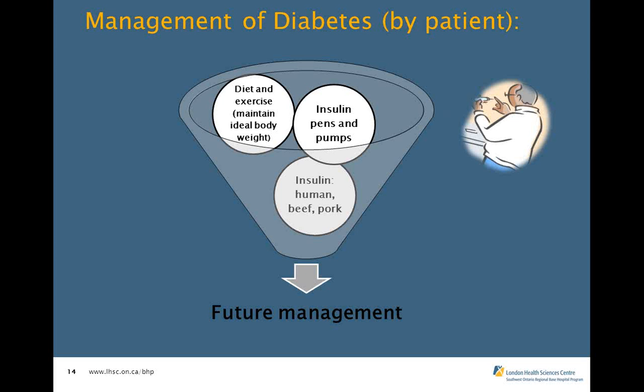Now, the problem with tight control, or tightly trying to manage the blood sugar, is that sometimes these medications will overshoot and cause the person to become hypoglycemic. And that, as an emergency pre-hospital condition, is probably the condition that we face the most commonly.